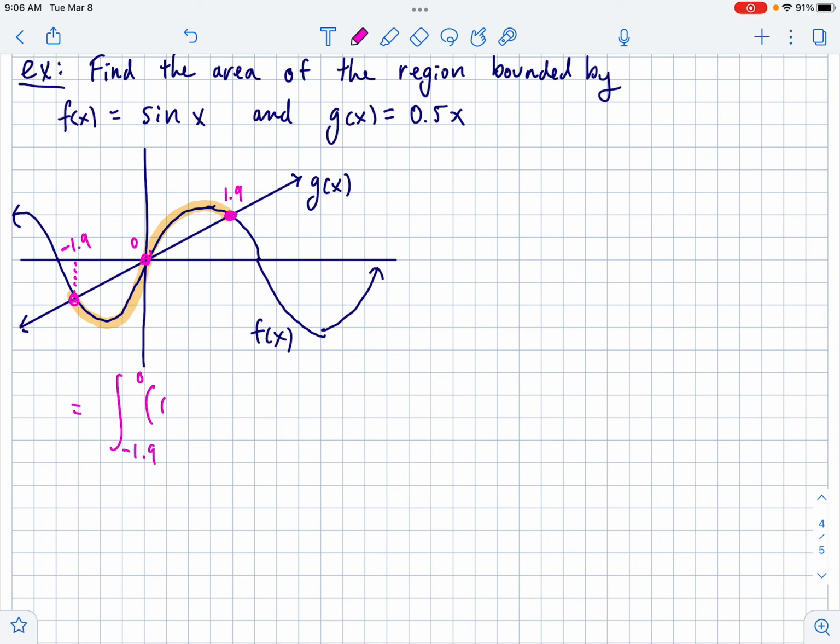So that'll be 0.5x minus sine of x dx. But then the next section is from 0 to 1.9, where it's switched, where the sinusoid's on top and the line is on bottom. So we get sine of x minus 0.5x dx.